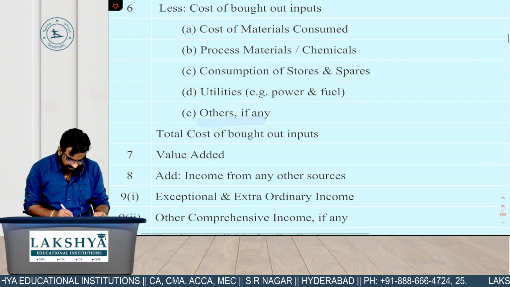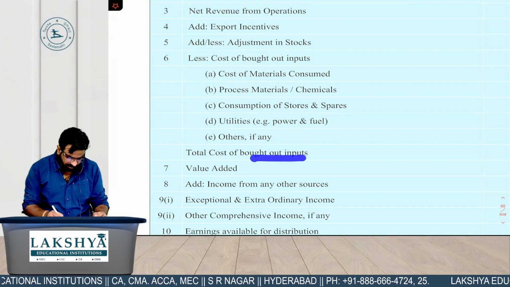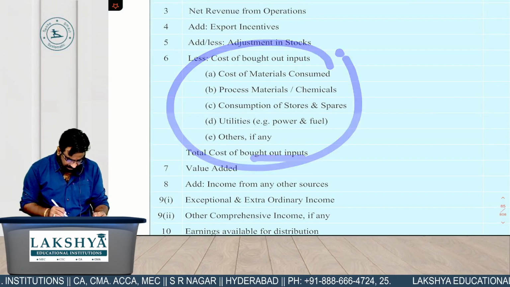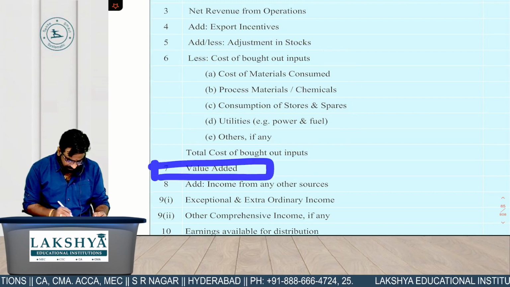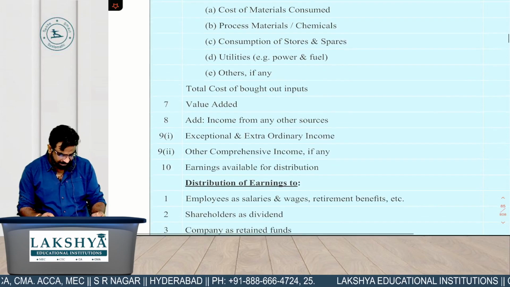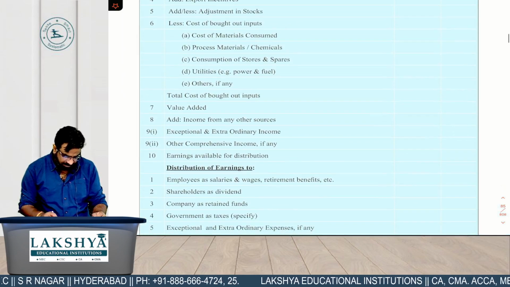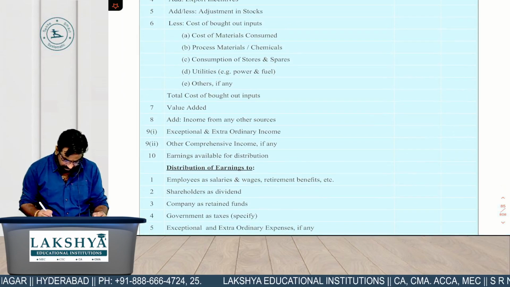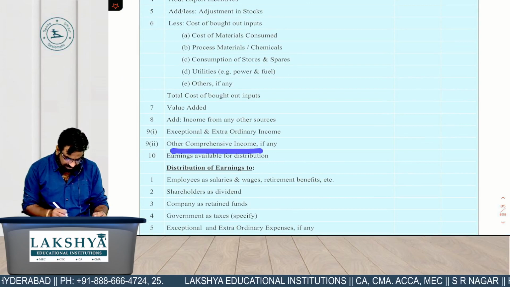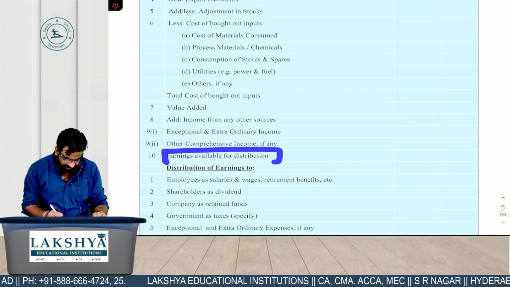This is the total cost of bought out inputs which we have to reduce. And finally, what will we get? The answer we get is value added. Add income from other sources. And then we have exceptional and extraordinary items, other comprehensive income, and this is called earnings available for distribution.